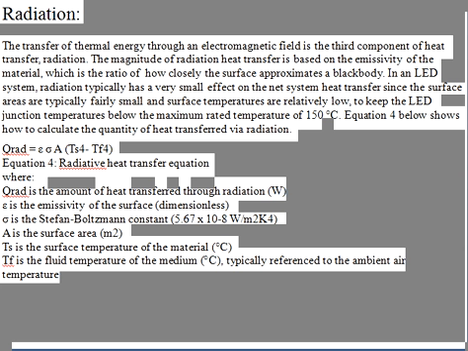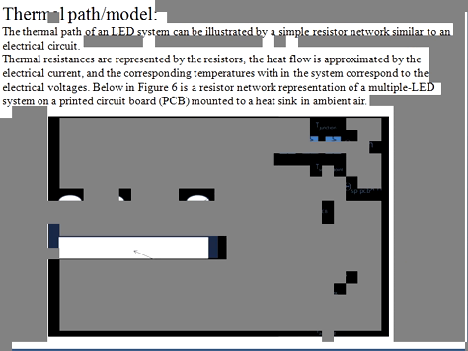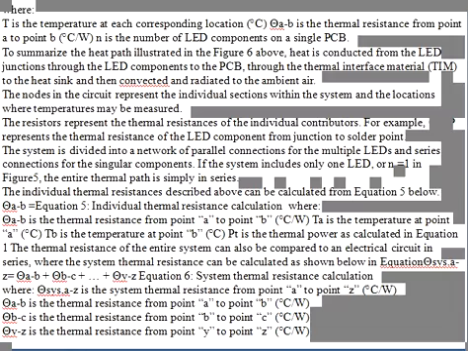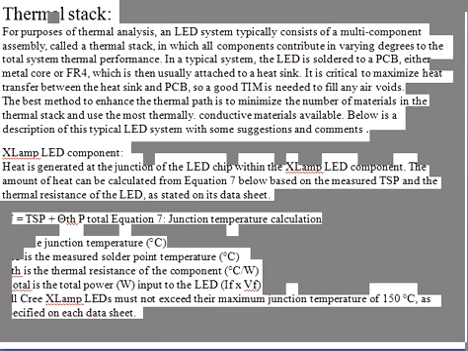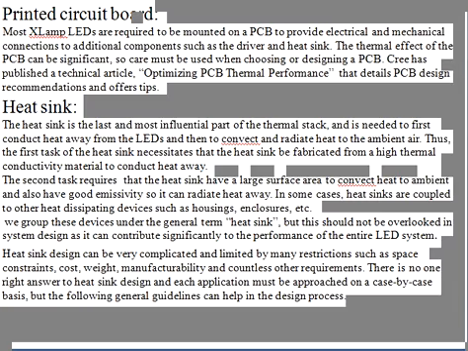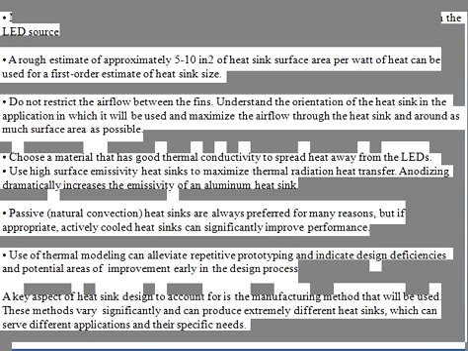These are the three major ways the heat is transferred, and the thermal path model is illustrated by a simple resistor system, with the notations for the system. This one is the thermal stack. These are the ways we control the heat. The PCB and heat sink are the important parts where we can reduce the heat in LEDs to the maximum extent.